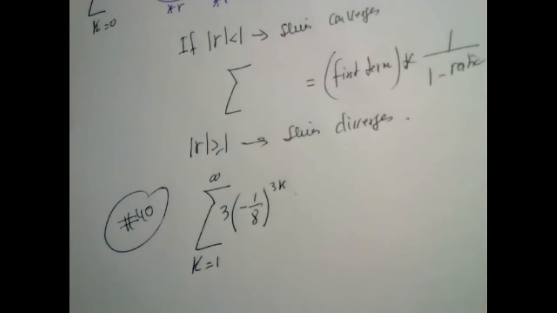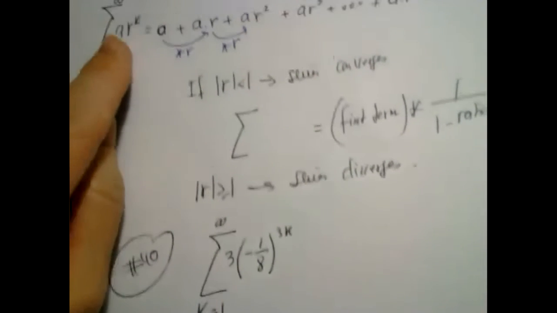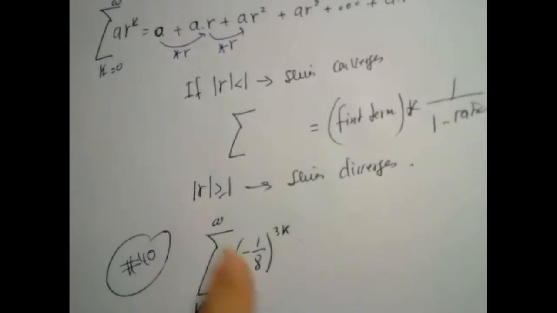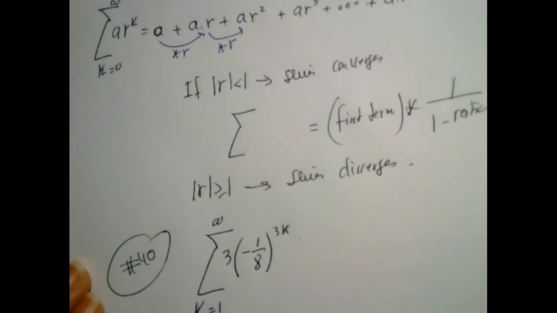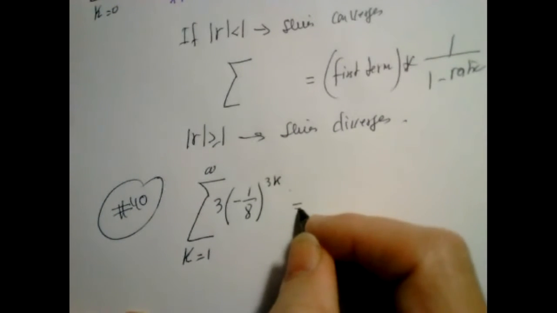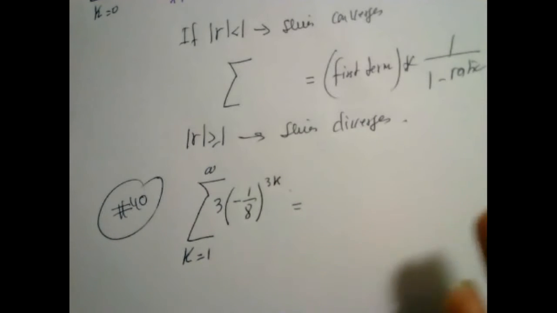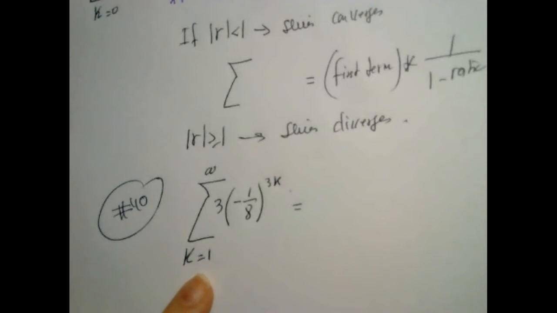Okay, so first, a geometric series has the form R to the k. So we don't quite have the exact format. One piece of advice to you is to usually write the first few terms of the infinite sum, because it helps us interact with it.